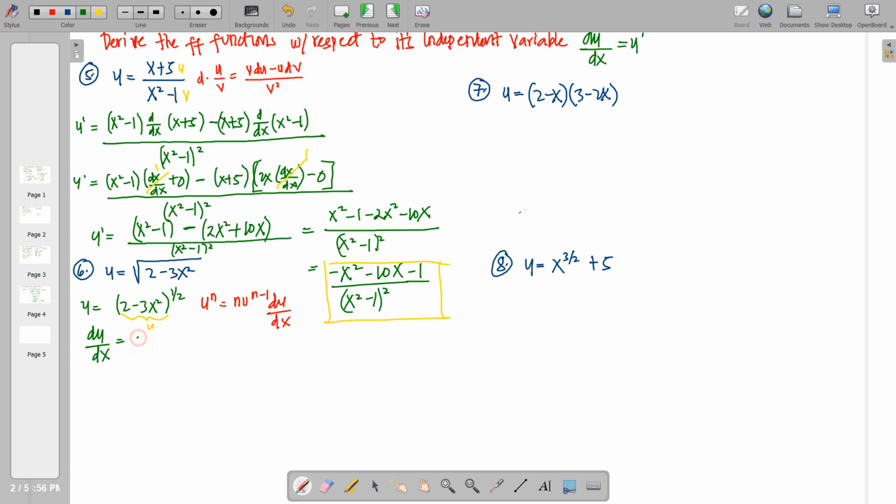We bring down 1/2, copy that u, 1/2 minus 2 over 2. Differential of the inside term, 0 minus 3 times 2x. Let's also put the dx over dx.